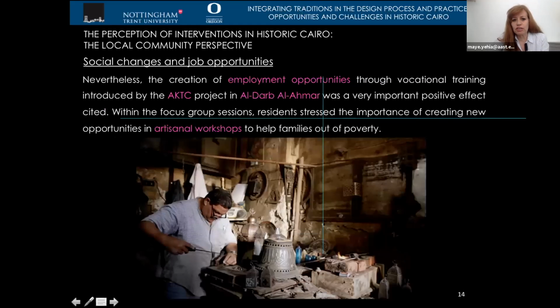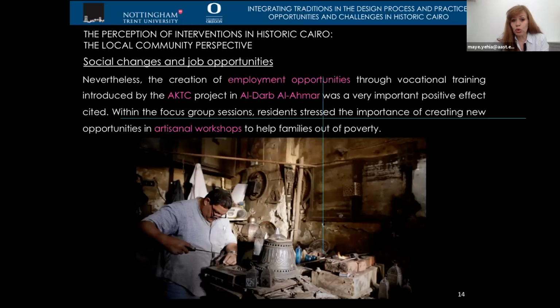About social changes and job opportunity, we see that the creation of employment opportunity through vocational training introduced by the Aga Khan Trust for Culture project in Al Darb Al Ahmar was a very important positive effect cited.